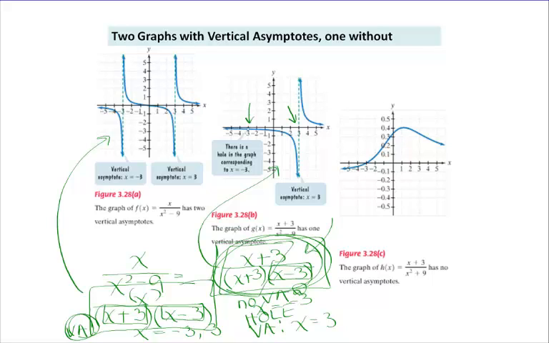Okay? Here's another one. x plus 3 over x squared plus 9. This is the sum of two squares. That does not factor. How do I know it doesn't factor? Because if I set that factor equal to 0 and try to find the x value that makes that a true statement, I'm in trouble.